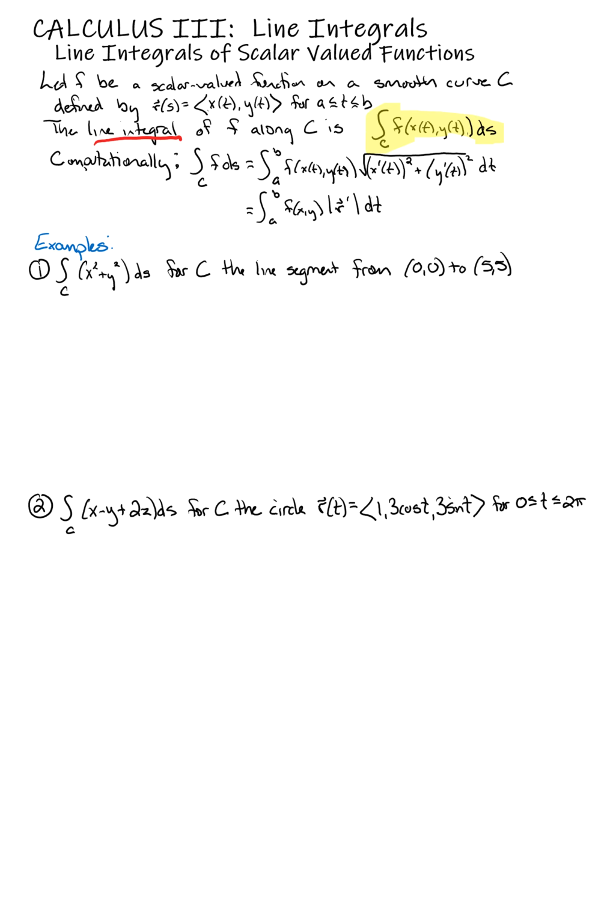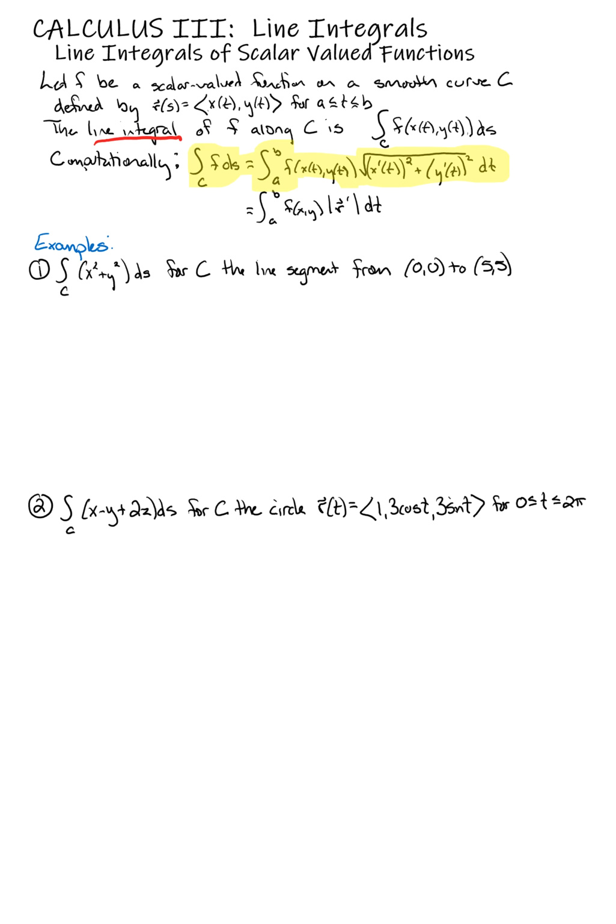Now, computationally, the way we'll actually work these out, of course there's the line integral, but we'll write it as a regular integral over the interval from a to b of f of x, y, and remember ds is the same as the square root of x prime squared plus y prime squared dt.